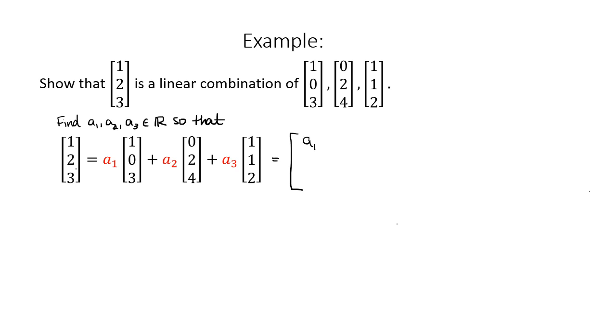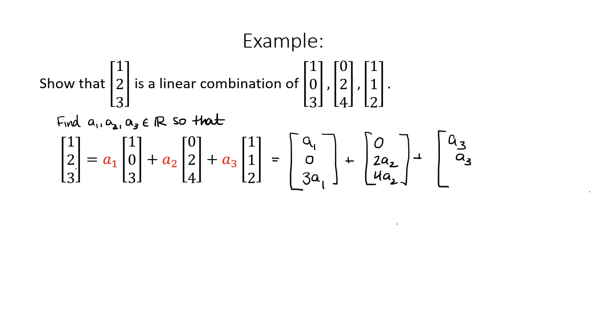So we've got a1, 0, and 3a1, plus 0, 2a2, 4a2, plus a3, a3, 2a3. And these sum to a1 plus a3, 2a2 plus a3, 3a1 plus 4a2 plus 2a3.